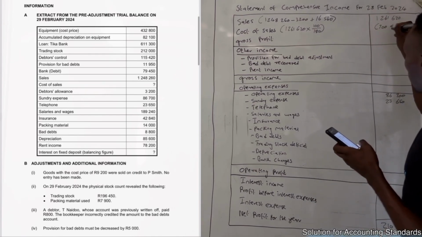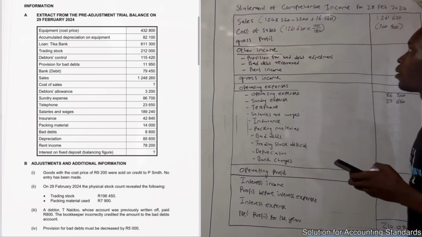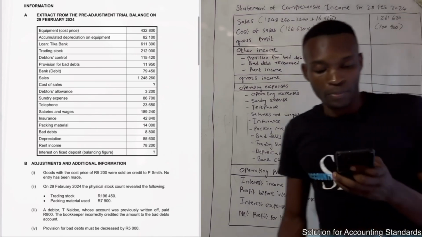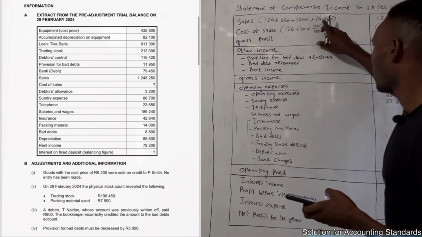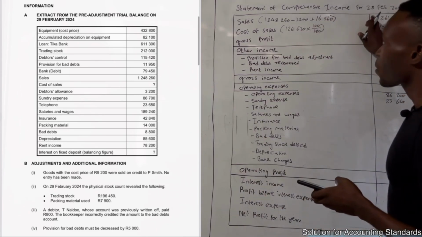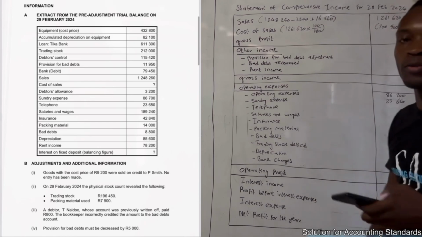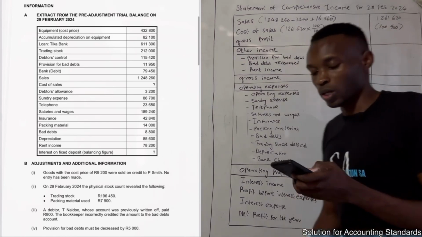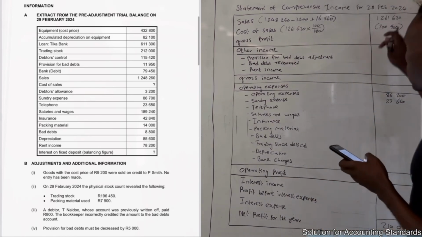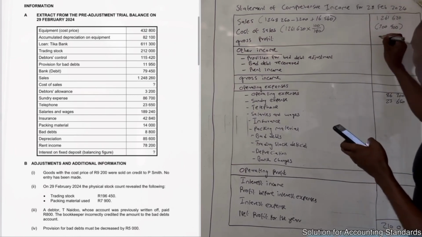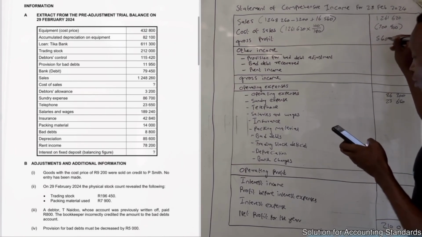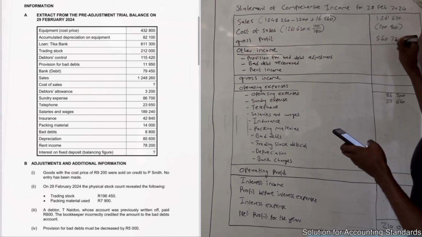700,900. All right, remember guys, the adjustment is already included in this amount, so you must not account for it again. You're going to double the amount. Don't do that. Okay, then to get the gross profit, sales minus cost of sales, we're going to get a gross profit of 560,720.